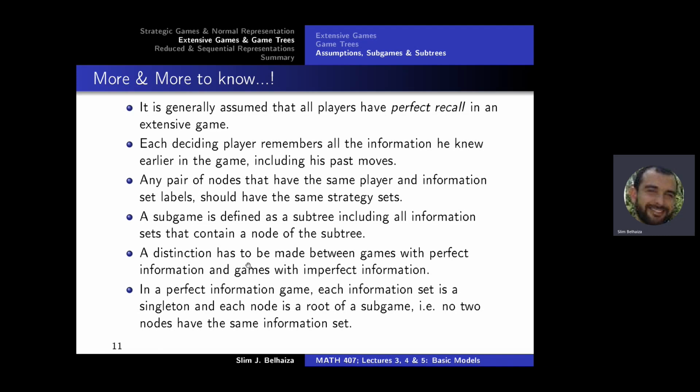So a distinction has to be made here between games with perfect information and games with imperfect information. In a perfect information game, each information set is a singleton, and each node is a root of a subgame, because at any decision node, we know exactly what happened before. And no two nodes here will have the same information set.